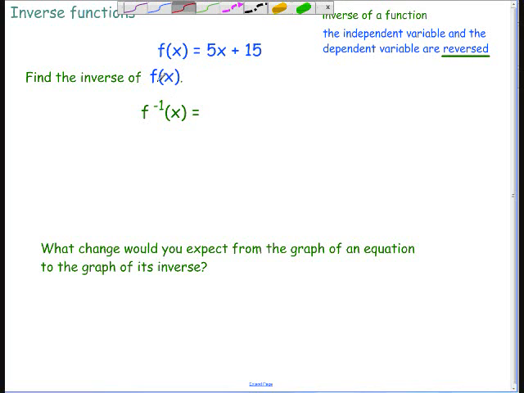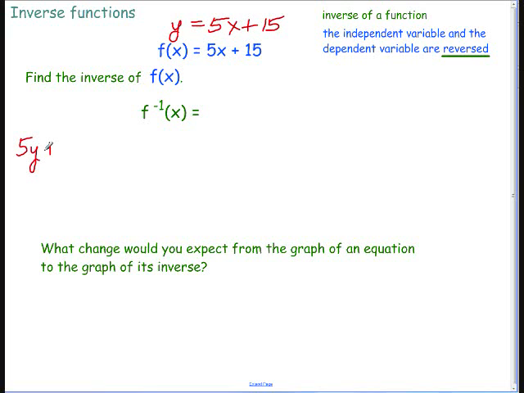Find the inverse of function f of x when function f of x is 5x plus 15. Okay, so again, that's just a fancy way of saying y. And if I rewrite this with, this is a y, 5y plus 15 equals, now instead of saying equals y, I'm going to say equals x. We interchange them.